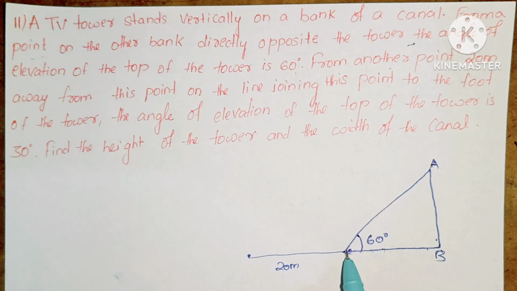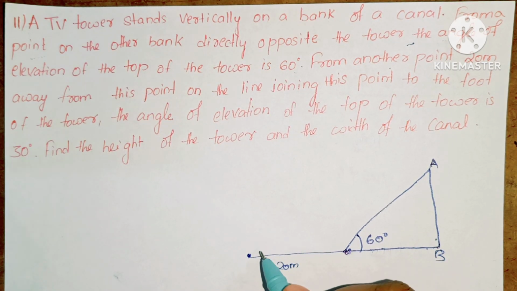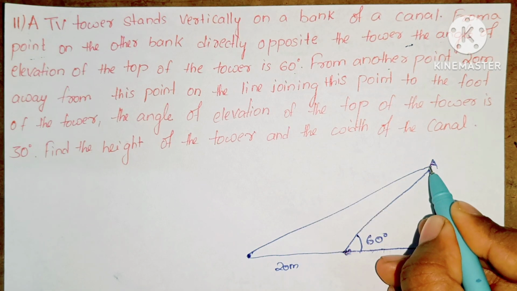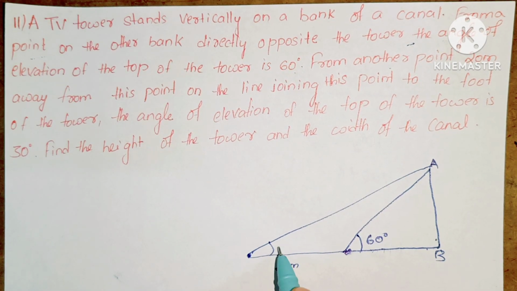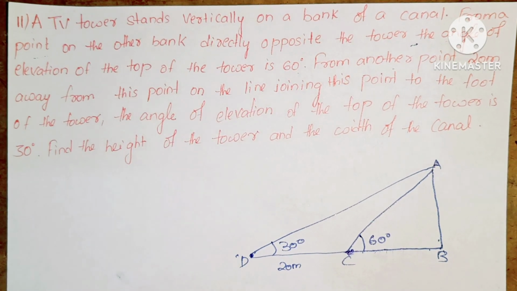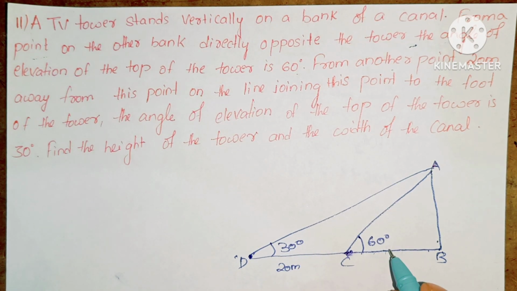So I drew one point here, 20 meters away, and this point will connect to the foot of the tower. Okay. So here the angle of elevation to the top of the tower, how much did it create? 30 degrees. I kept it as C, and denote it as D. So this one is 30 degrees, this one 60 degrees.